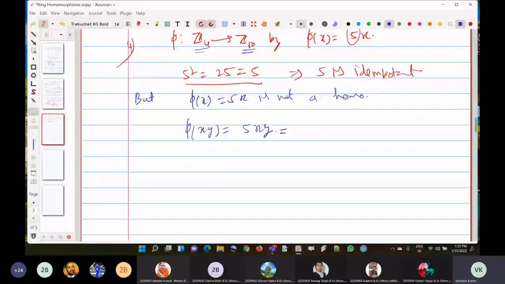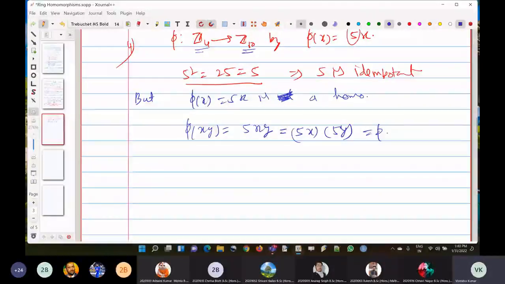In this case, I think it will become a homomorphism. Let us see. Okay, phi is a homomorphism, because 5 of xy we can write as 5 of x and 5 of y, and 5 squared is nothing but 5.